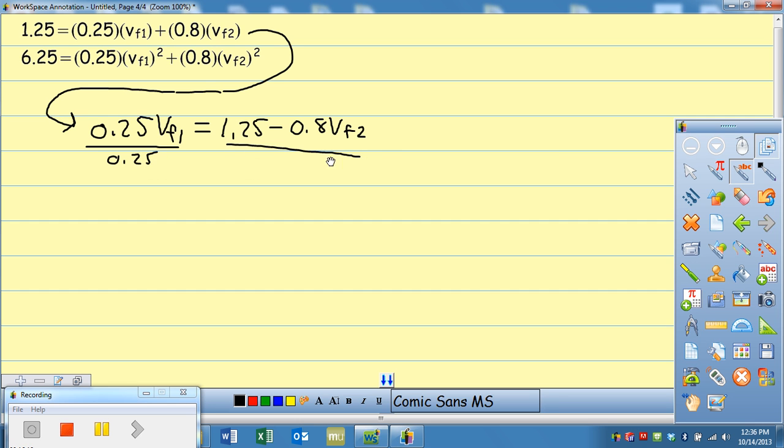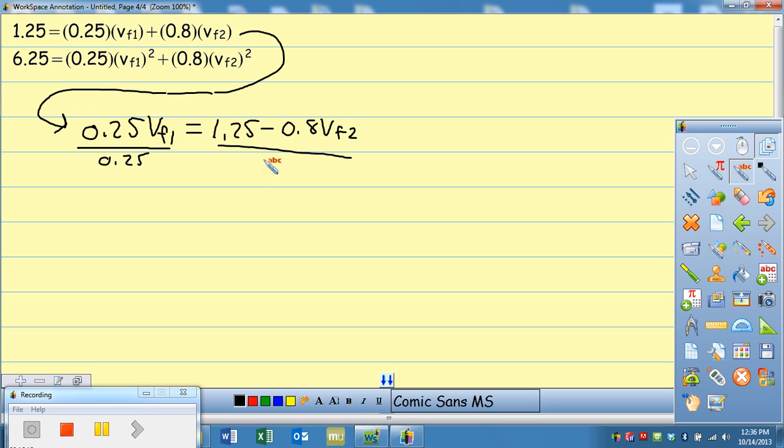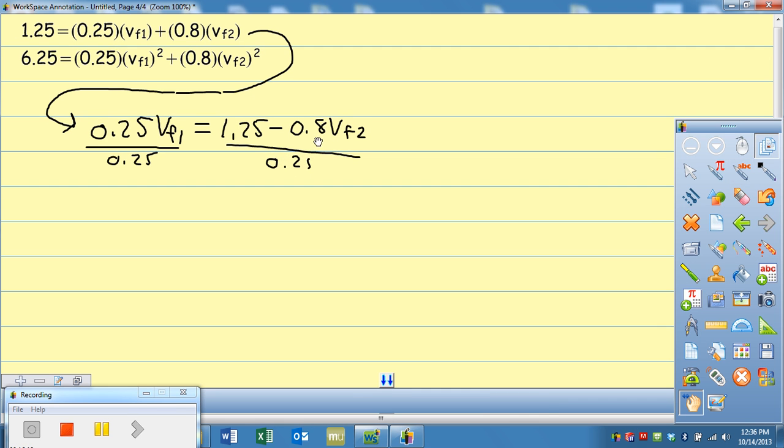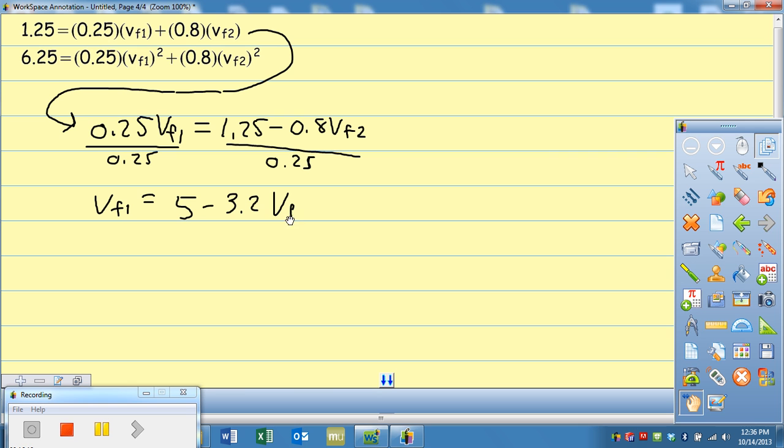Now, if we divide both sides by 0.25, we'll get V final 1 equals 1.25 divided by 0.25, that's going to be 5, minus 0.8 divided by 0.25, that's 3.2, 3.2 VF2.